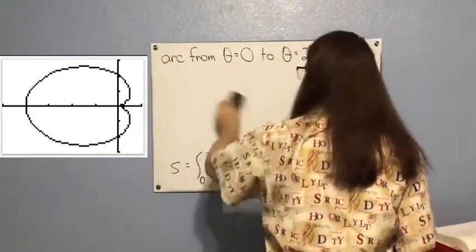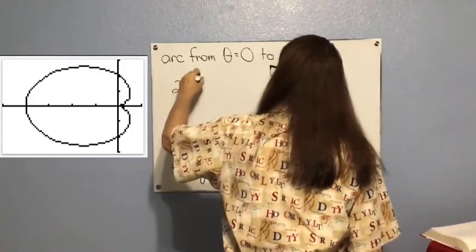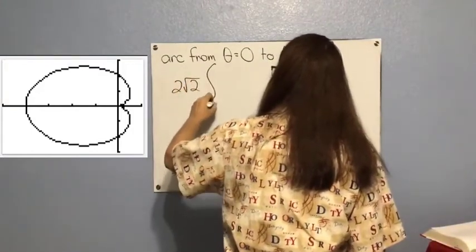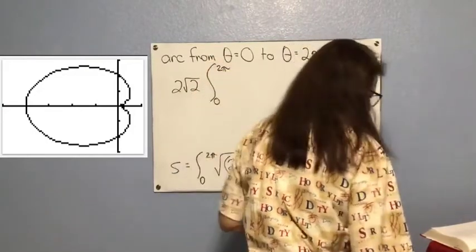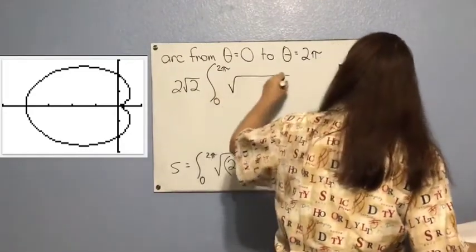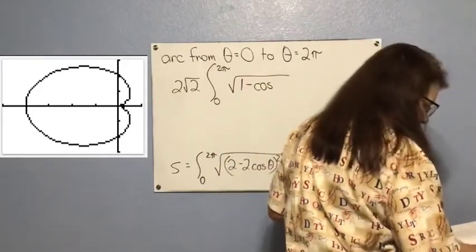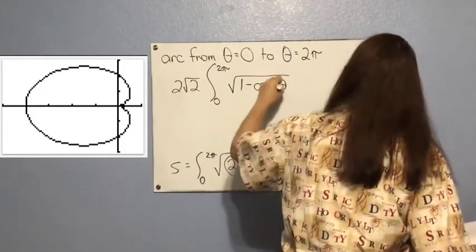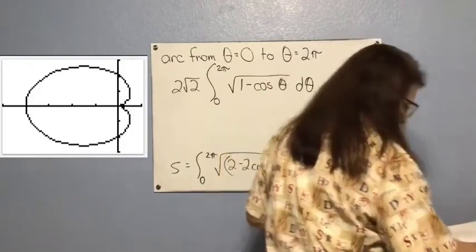Okay, we can factor out 2 square root of 2, and just have 1 minus cosine theta under the radical now.